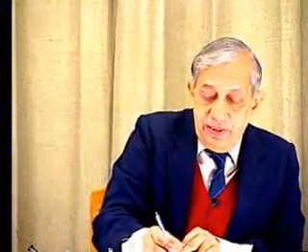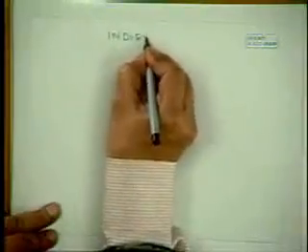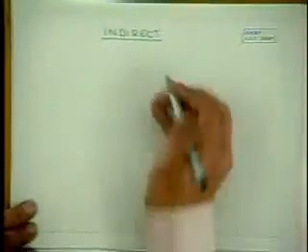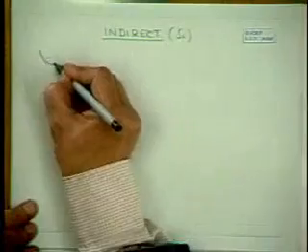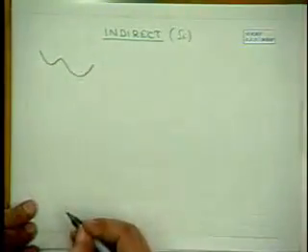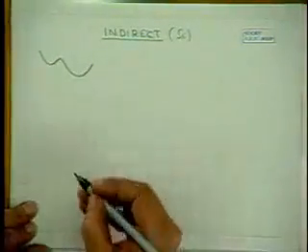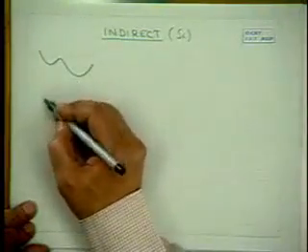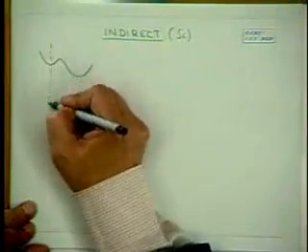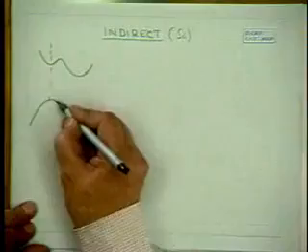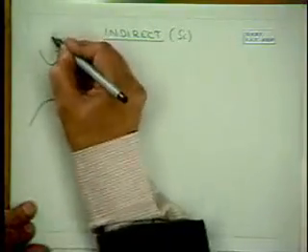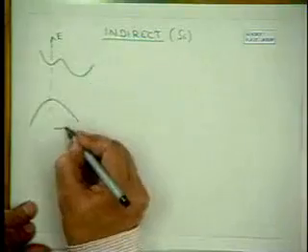For an indirect gap semiconductor like silicon, the band structure is shown like that. So this is energy, this is momentum.